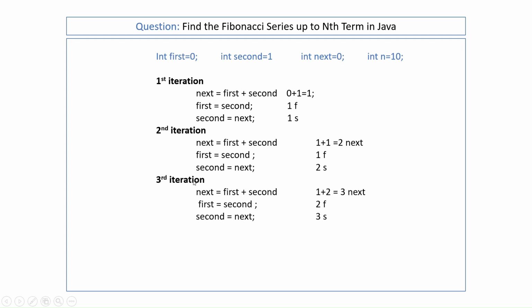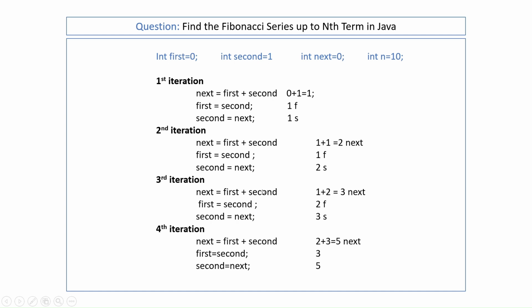Then the third iteration, the same thing happens. Next is equal to first plus second. As you can see, after the second iteration we have 1 inside first and 2 inside second. So 1 plus 2 is 3. 3 is the value of next. Then first is equal to second.